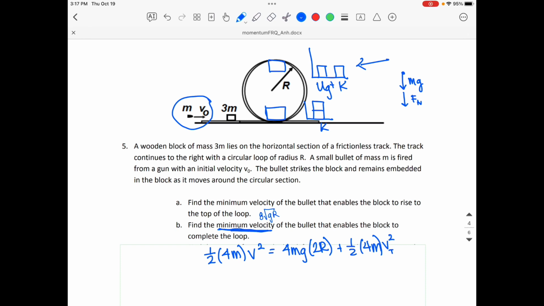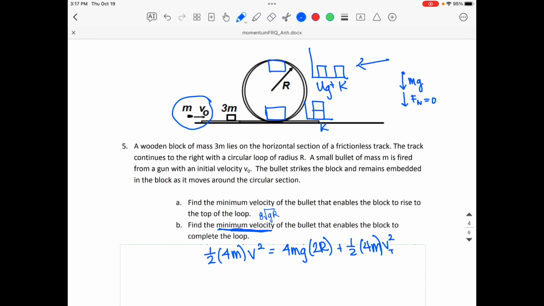The minimum velocity that gets the block around the ramp is going to have 0 normal force. If you think about a really fast velocity, the faster the velocity, the greater the normal force. It adds to the gravitational force pulling down, and you feel like you are being pushed against the ramp.